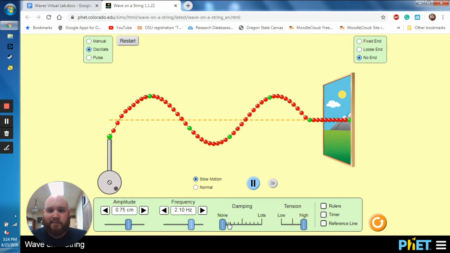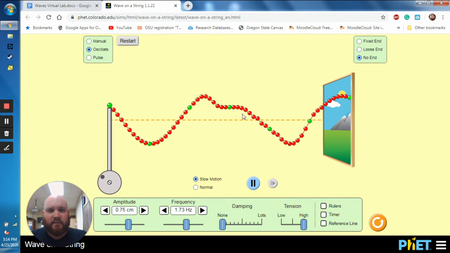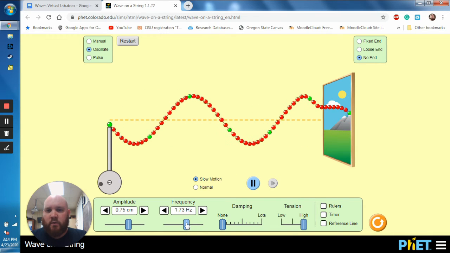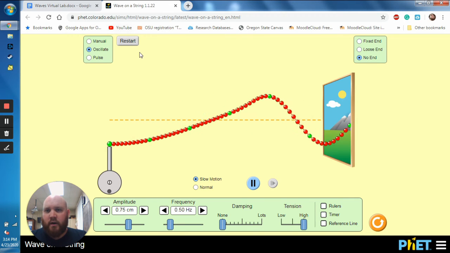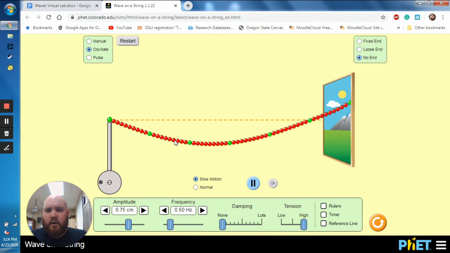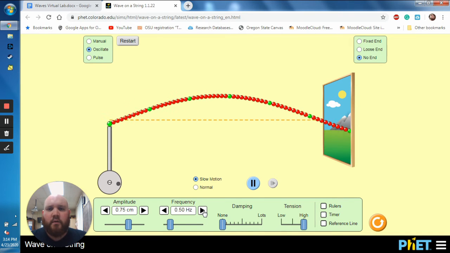Again, if you go crazy with it, it makes something that looks really weird, right? Doesn't quite look like a wave. So we're going to start at one point, pretty far down, and we'll start increasing it as we go. Wow, that one, pretty low frequency.